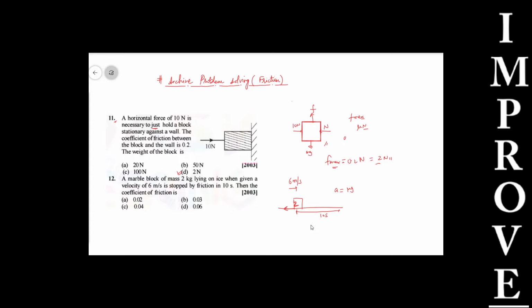So you can use v is equal to u plus at. Final velocity 0, initial 6, and a is going to be nu into g, so it's negative, so 0 = 6 minus nu into g into t, where t is 10. So from here you can calculate that nu is 6 by 100. Because g is also 10 and this is 10, so 10 into 10 is 100, nu is equal to 6 by 100, that is 0.06. Okay, so the answer is D.